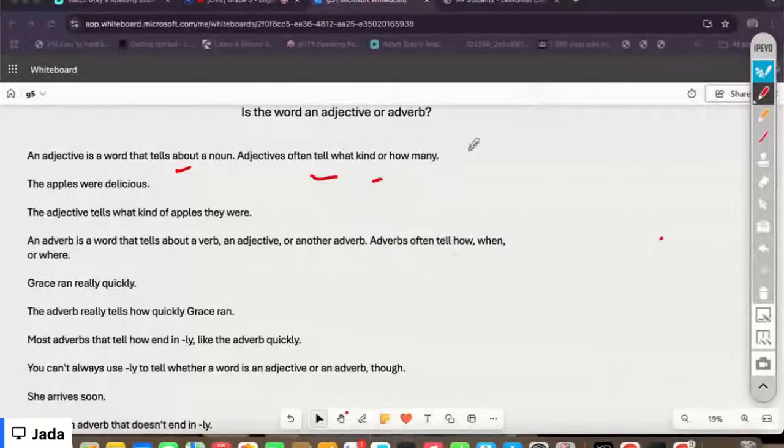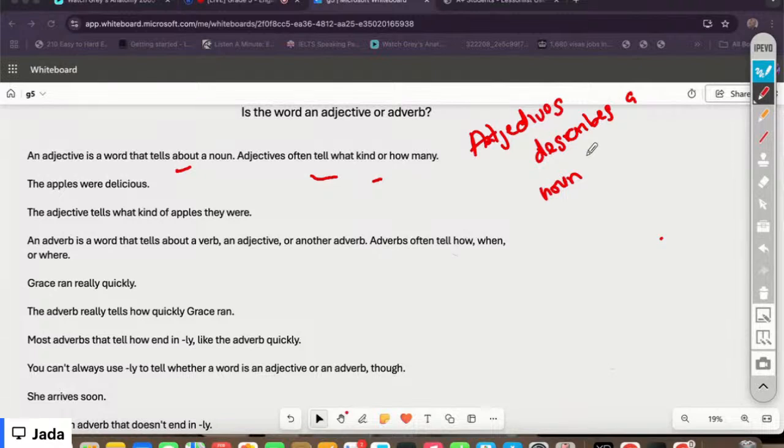So an adjective describes a noun. Okay, so it describes or also modifies a noun. It tells us more about the noun.